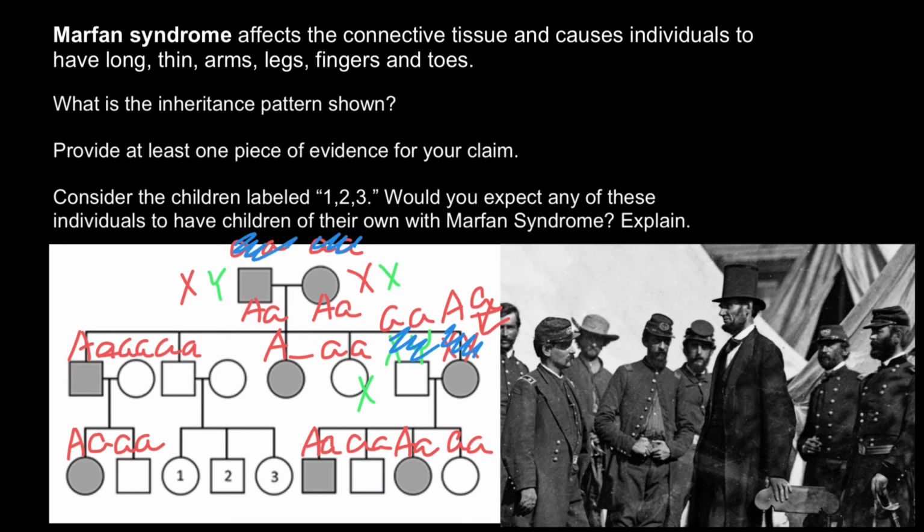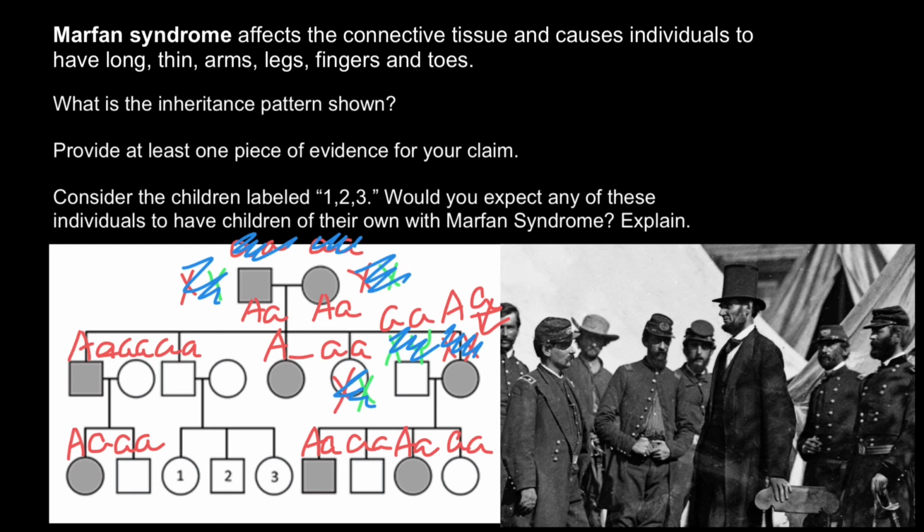And if it were an X-linked dominant genetic disorder, her phenotype would be affected. So we can exclude this variant. The only explanation for what we see in this pedigree is that this is an autosomal dominant genetic disorder.